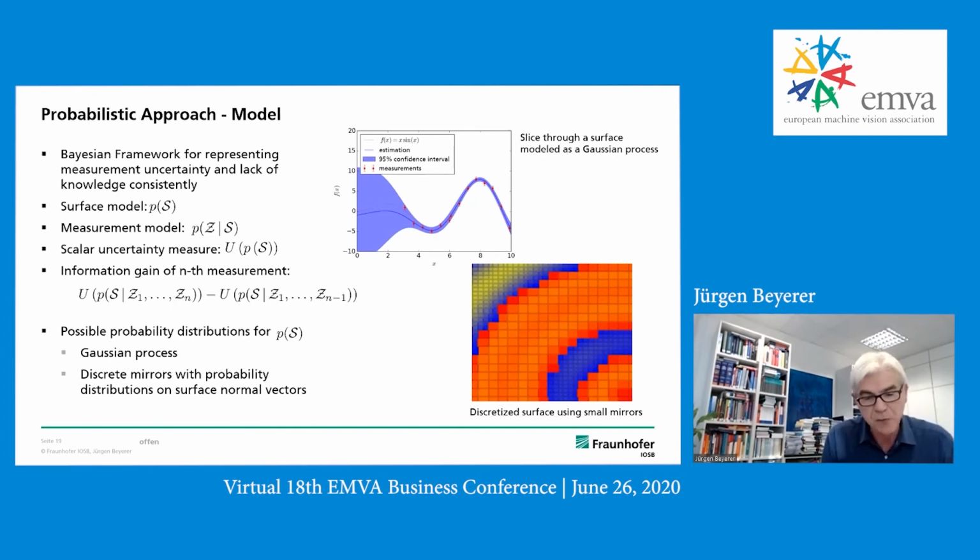And we use two different probability distributions. On one hand, Gaussian processes. On the other hand, a process containing discrete mirrors with probability distributions on the surface normal vectors.